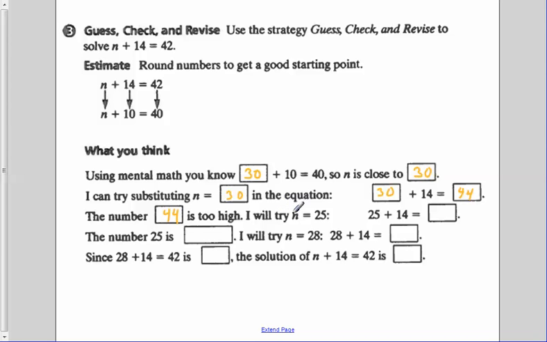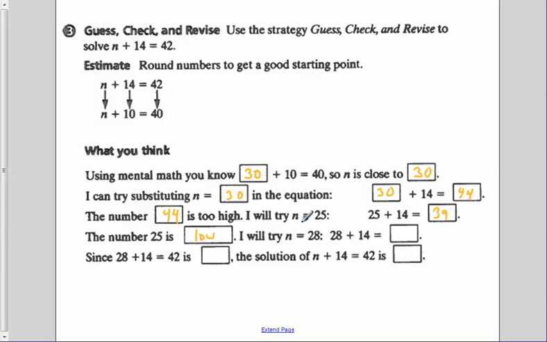Because 44 is greater than 42, I'll try a compatible number that's less than that, 25, nice and easy to work with a 5. So 25 plus 14, I get 39. Well, I know that 39 is less than 42, so the number 25 is too low.